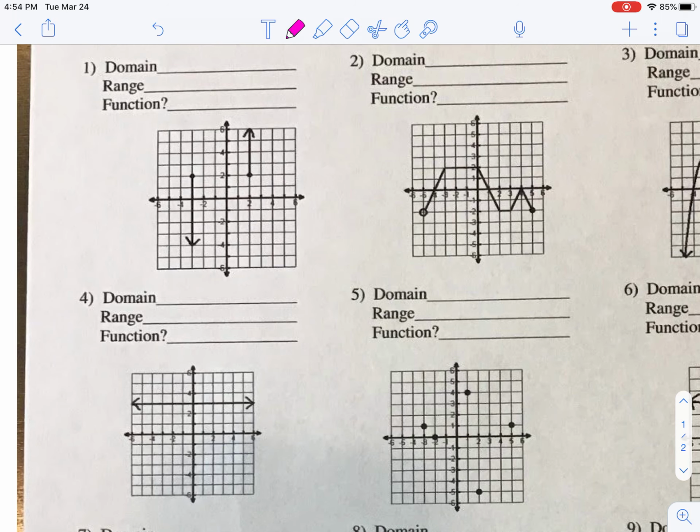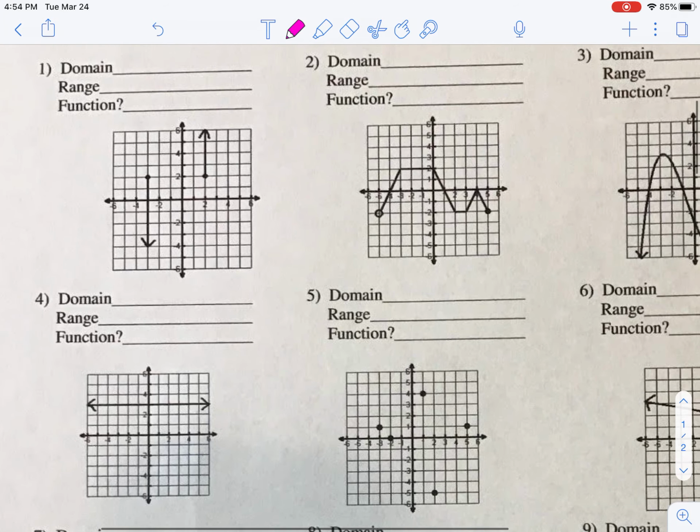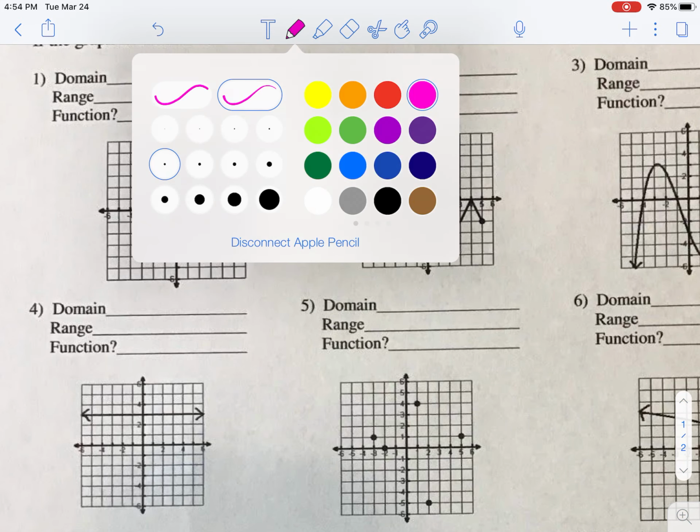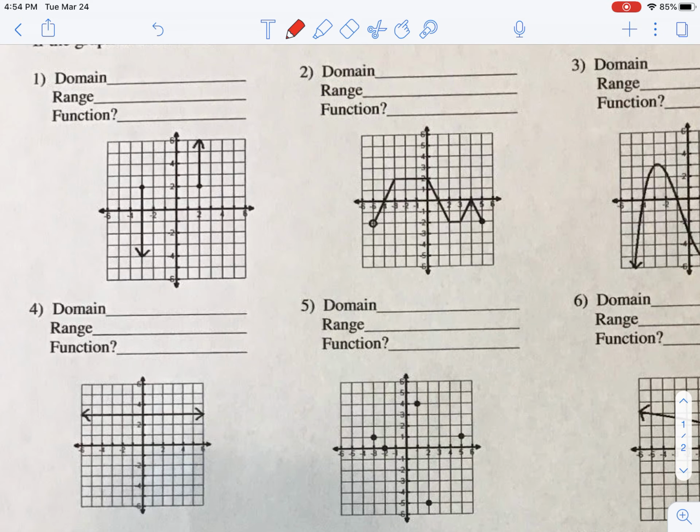So if we take a look at the questions that I gave you here, each one of them is asking us for the domain and the range and whether the graph is a function or not. So when we're looking at our graph, I need you guys to remember that we have two axes. We have our x-axis and we have our y-axis.